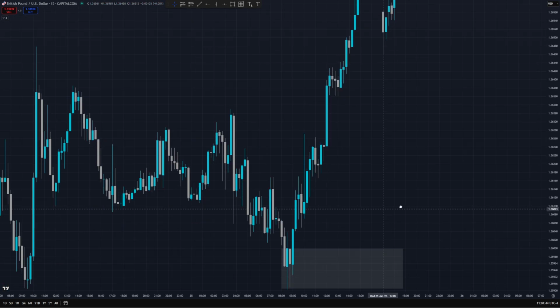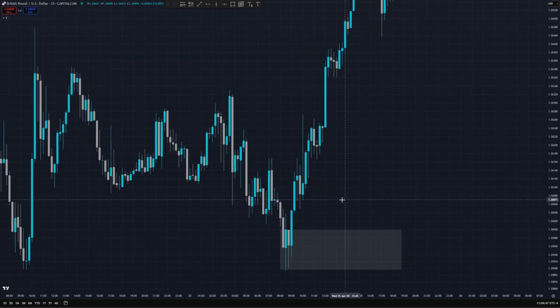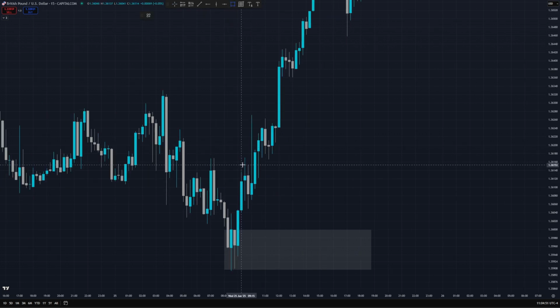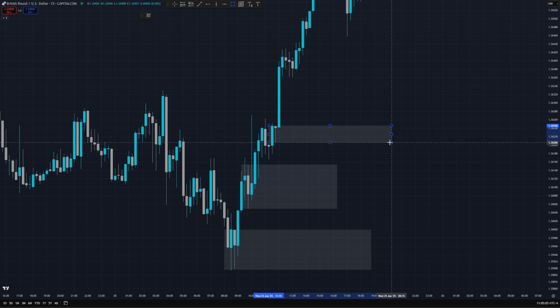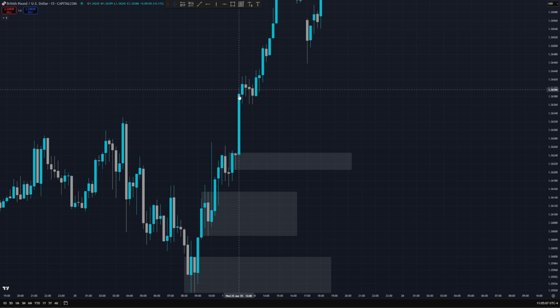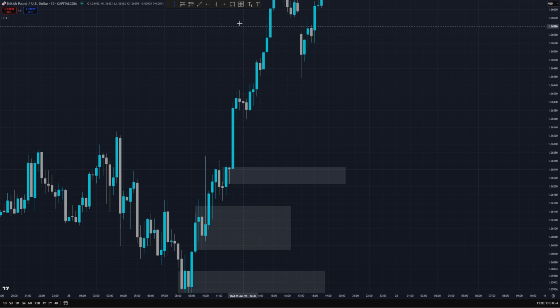But you see how this candle here, this down candle between up candles that I started to move, isn't as much of a strong PD array as this one would be, because it has left this imbalance and it's closed. It's gone up with serious momentum. Same with this one.